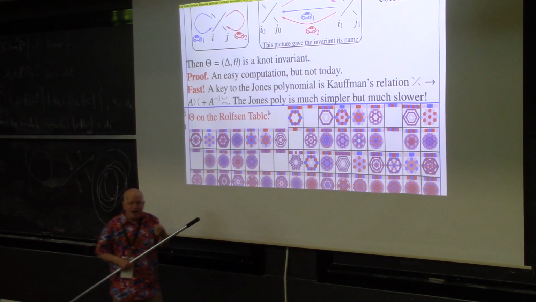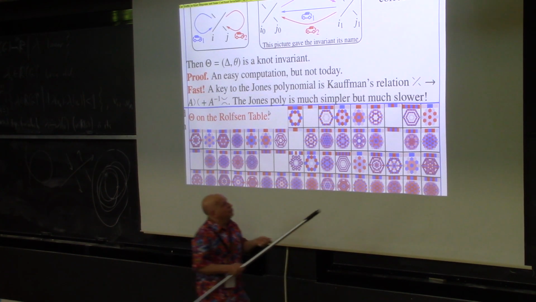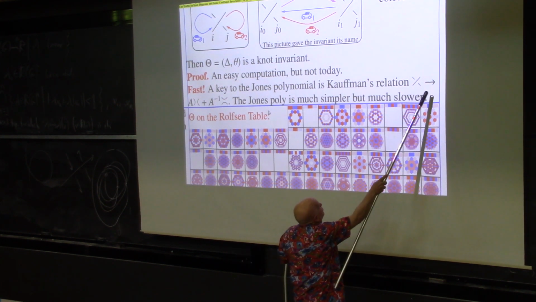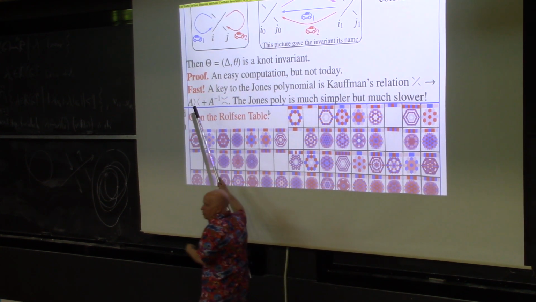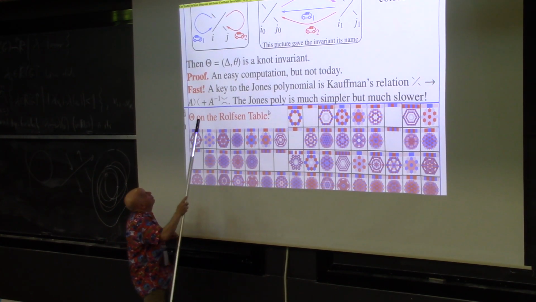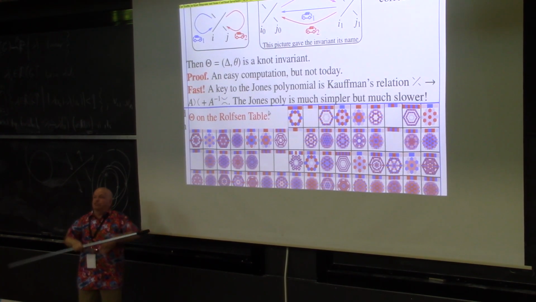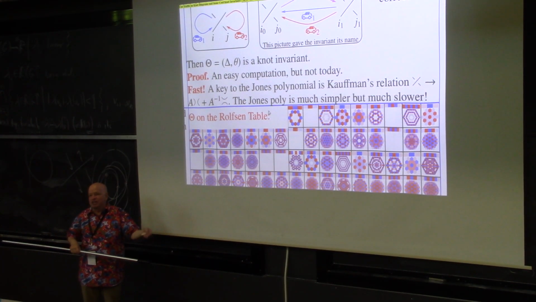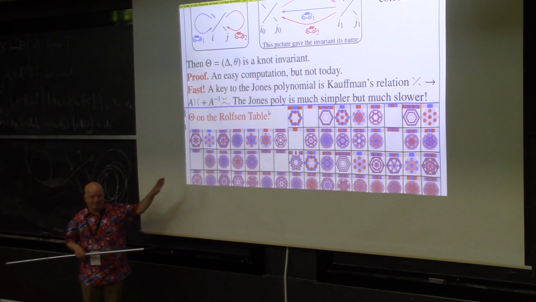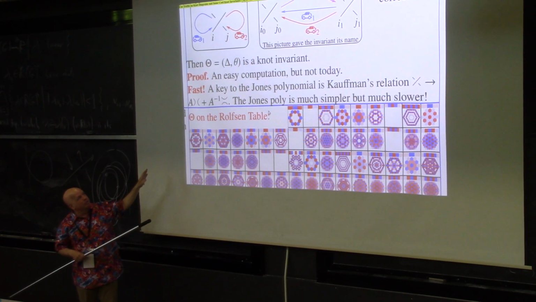So if you have 100 crossings, you have to sum over all ways of converting each crossing to either a vertical smoothing or a horizontal smoothing. That's 2 to the 100 operations before you've done anything else, okay? So it's actually very hard to compute.